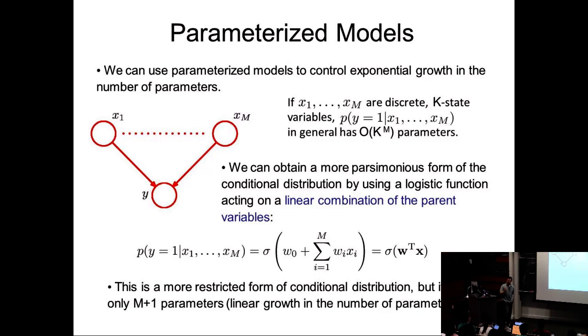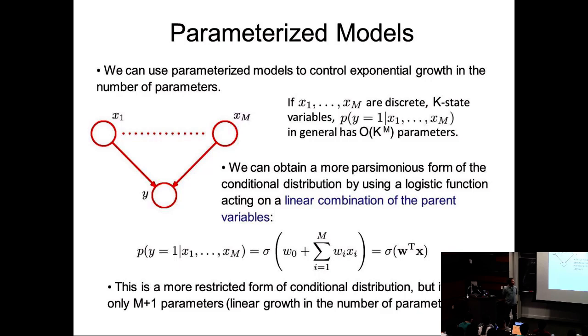If I want this particular probability distribution to be as complex as I want, then it will require k to the m parameters, because I have to specify k to the m numbers. I can say, well, what's the conditional probability that y takes value 1 if x1 takes value 1, x2 takes value 1, x3 takes value 2, x4 takes value 5? What is that number? And I would have to go through all of these different combinations to come up with an arbitrary distribution that I want.